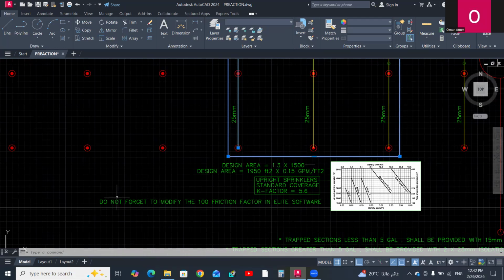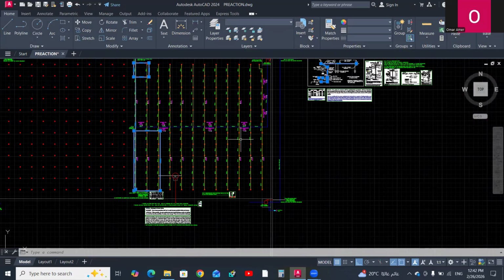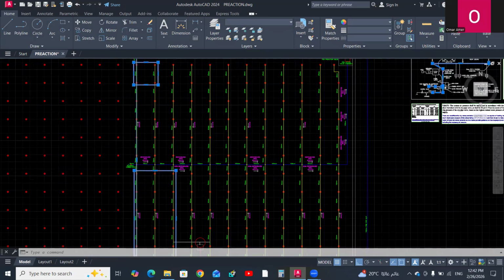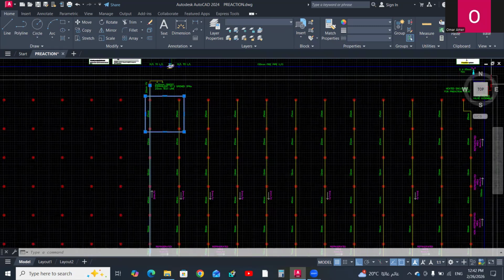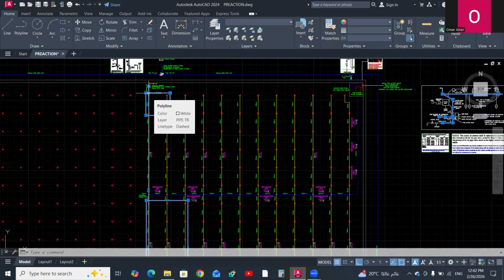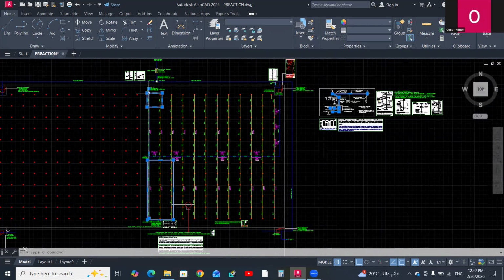Its name is SprinkCALC or SprinkCAD. It calculates the delivery time to the most remote inspector's test connection, as I discussed here. It calculates the empty volume of the dry pipes, and based on the flow rate, it determines if the delivery time will exceed or be lower than the 45-second limit.